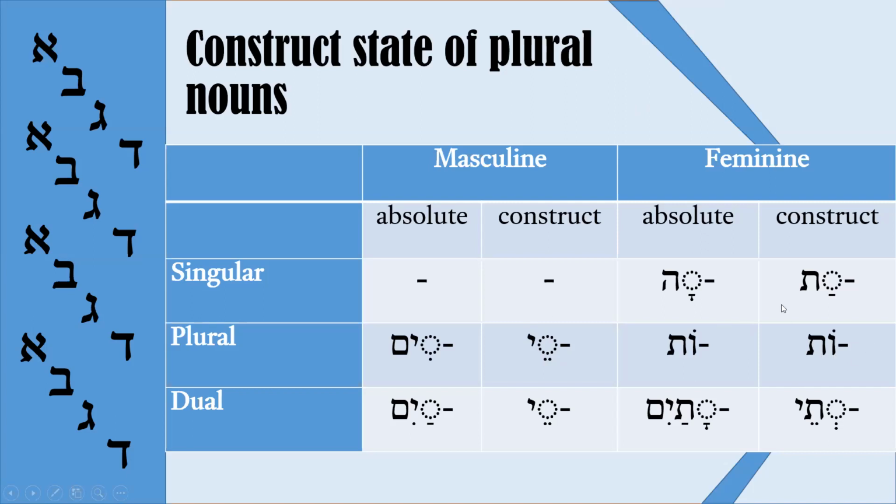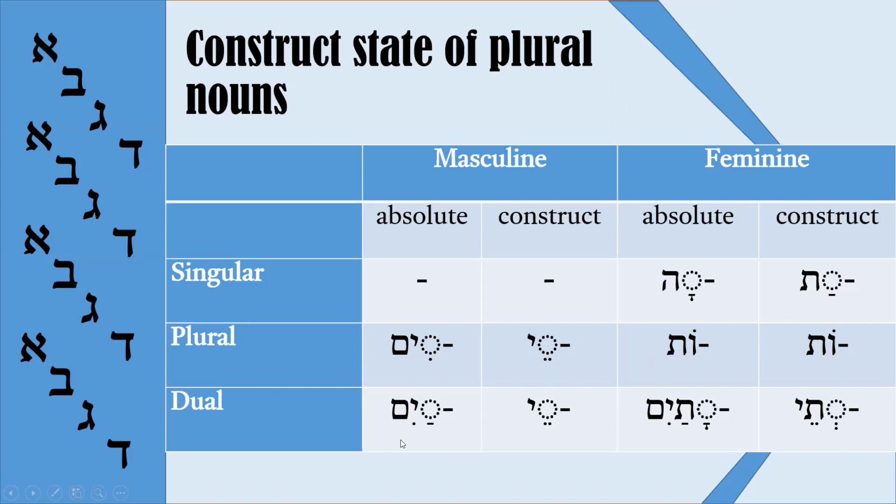When we speak about feminine, there are no changes. So torot would be torot everywhere, the same in the construct and absolute state. Behema, behemot; beracha, berachot. So it will not have any changes. The absolute and construct forms for plural feminine nouns are the same.